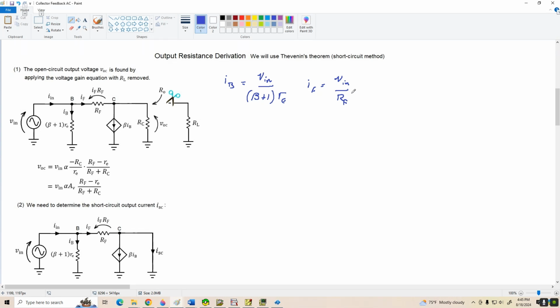Now going back to our circuit, we're going to do a little bit of KCL at the collector, and we find that I sub SC, the short circuit current, is equal to IF minus beta times IB.